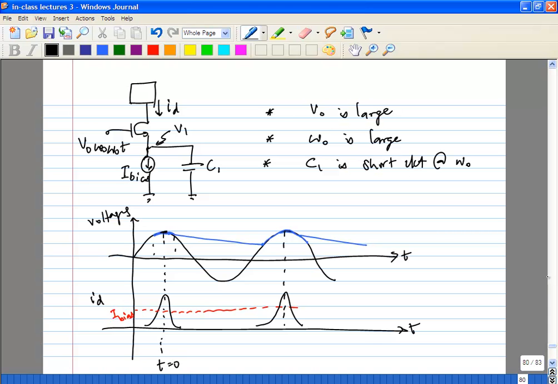If this is just V naught, V1 will follow V naught because you're assuming V t is very small compared to V naught. So to a first order, it will follow V naught, and then it won't discharge. It will discharge very slowly because you're assuming that the capacitance is very large.